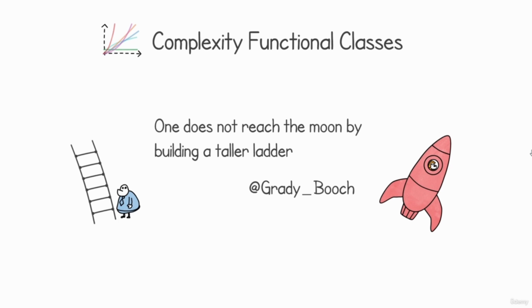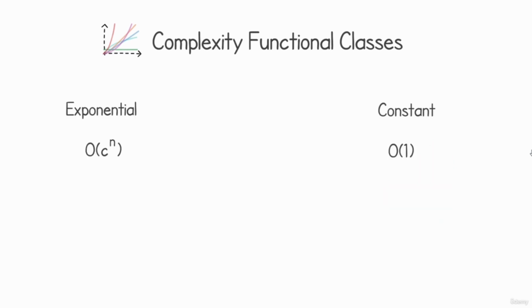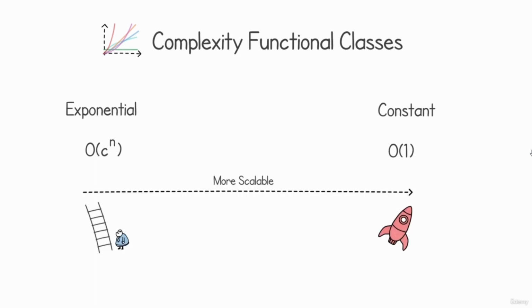This is what we're trying to measure with complexity functional classes. In our previous videos, we have discussed already two of these classes, the exponential and the constant one. These are on opposite sides of the scalability scales. We can think about the exponential as being the ladder. It will allow us to solve a small problem. If we want to get to the second level, we're fine to use a ladder.